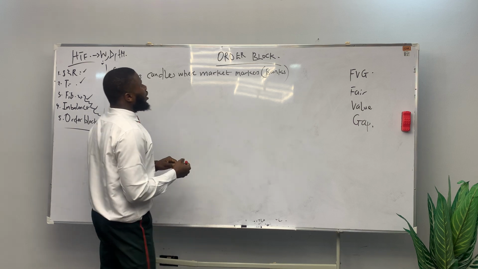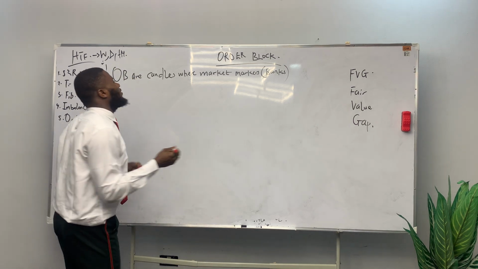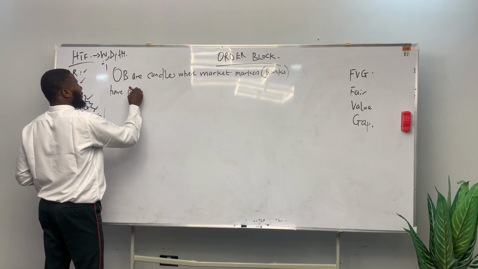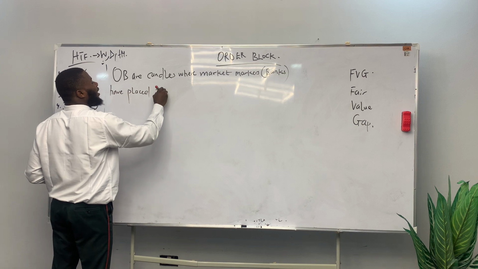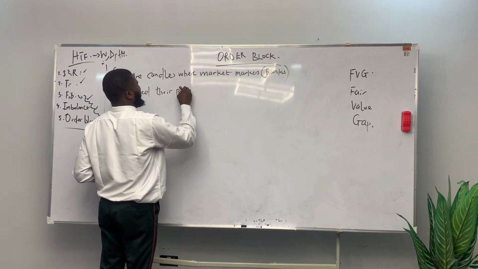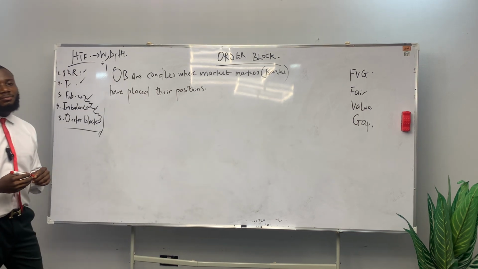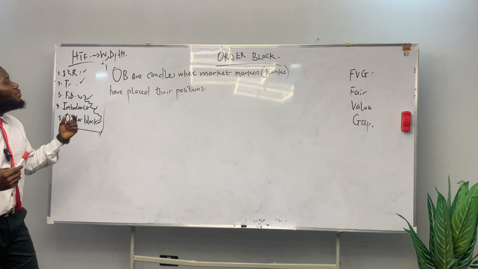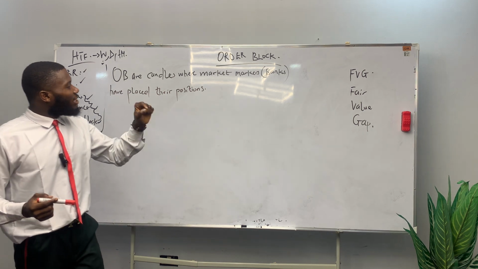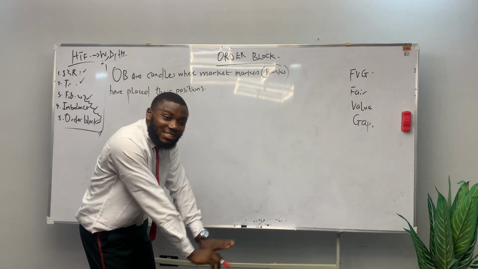OBs are candles where market makers have placed their positions. So OBs, order blocks, are candles where market makers, which is the banks, have placed their positions there.